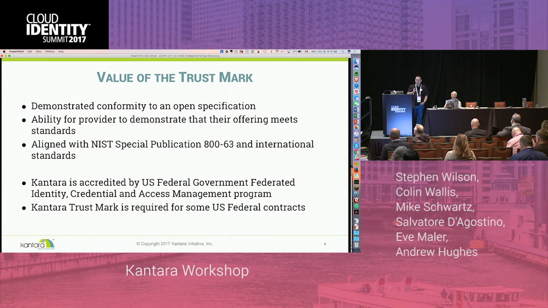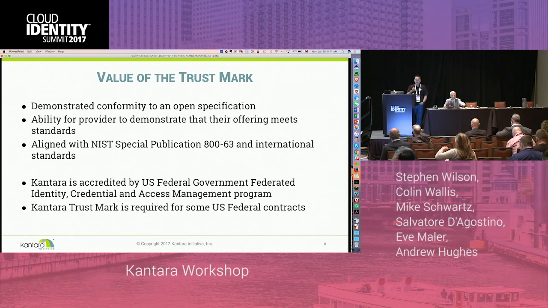The Kantara trust mark is significant because it demonstrates conformity to an open specification. So if you're a credential provider and you display the approved trust mark, anyone that cares to check can go and see what your service is supposed to be doing by reading the identity assurance framework.